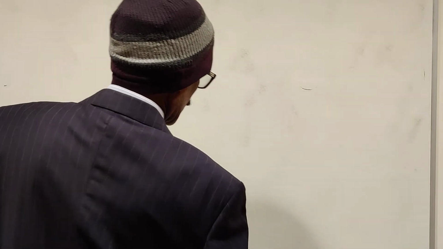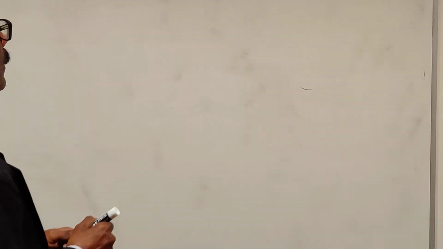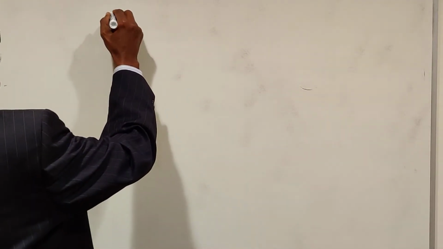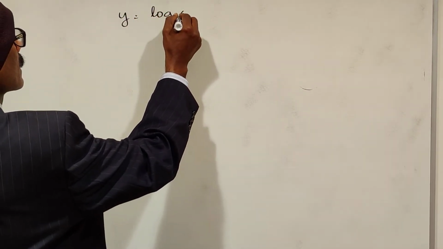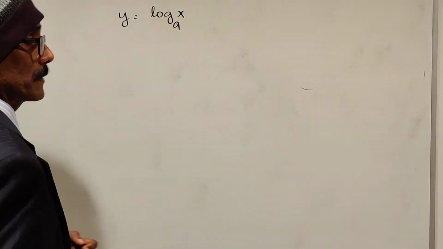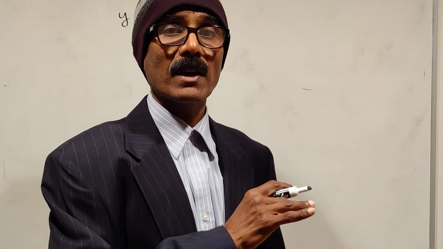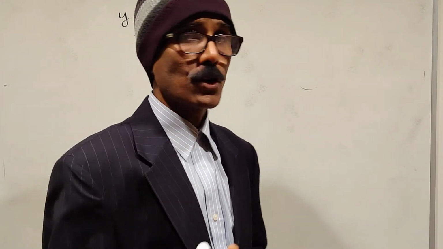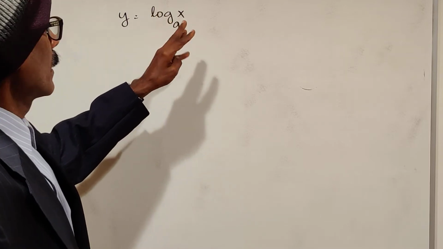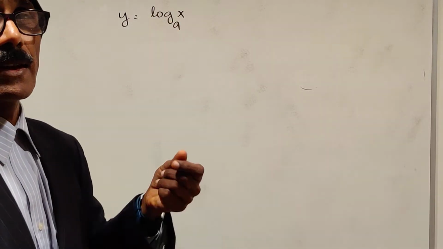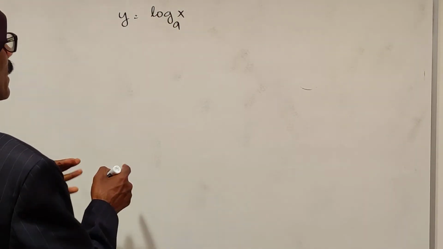Okay, this is y is equal to log x to the base a. Before it was e. If you don't put any number there, it should be the letter e. If there is an a, that is a little bit different, a different method.